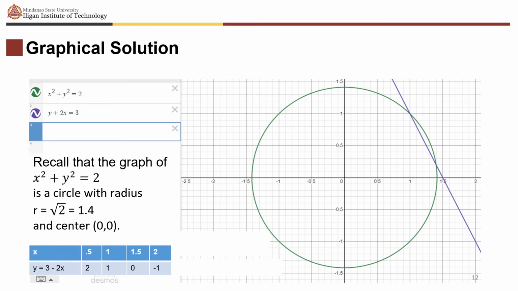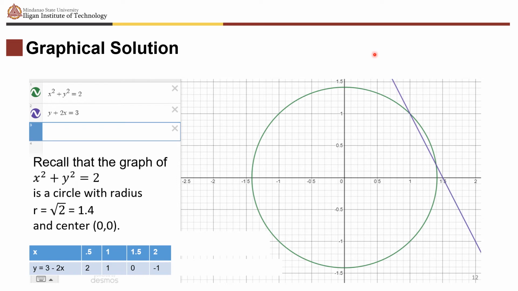As for the graph of the linear function y plus 2x equals 3, we can rewrite this as y equals 3 minus 2x. If we substitute x equal to 0.5, we get the value 2, and we extend this line.